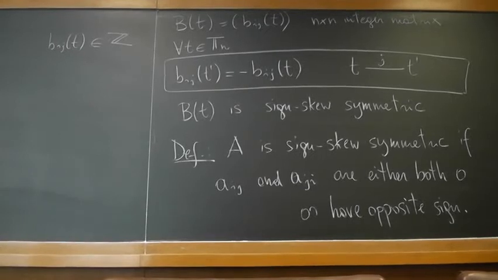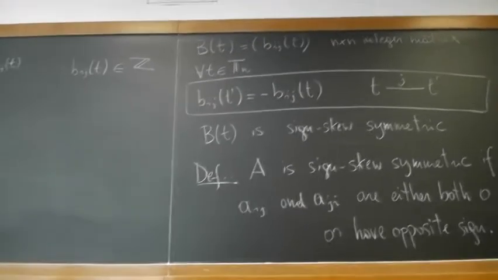So to begin, let's verify that the entries on the diagonal are 0.